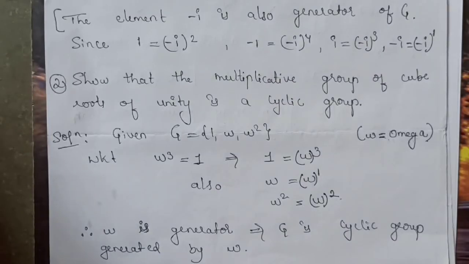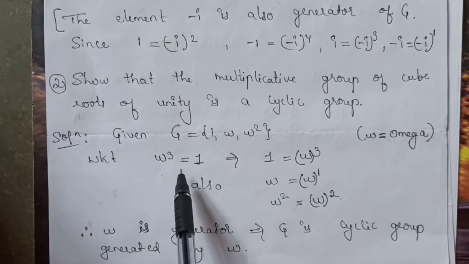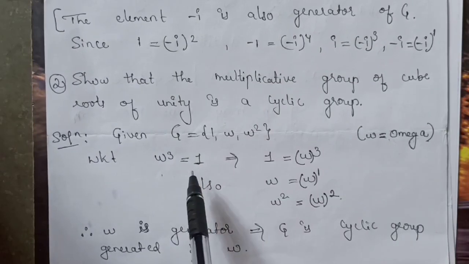Next, second example: show that the multiplicative group of cube roots of unity is a cyclic group. We know that the cube roots of unity are 1, omega and omega square. Let us see the solution. Given G equals {1, omega, omega square}, we know that omega cube is equal to 1.